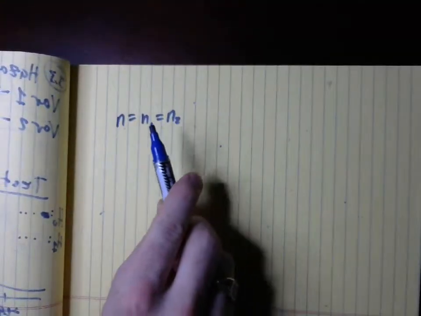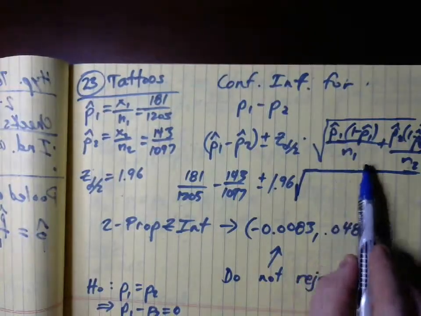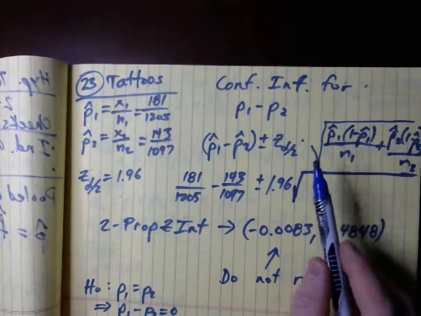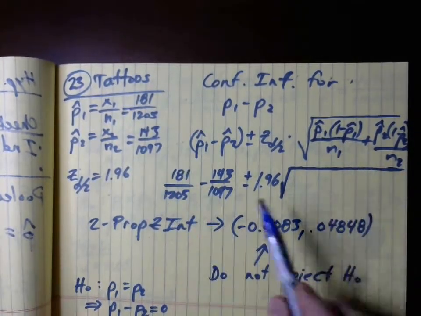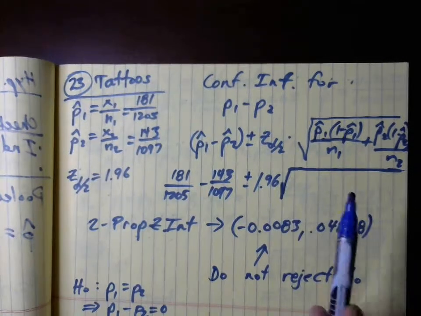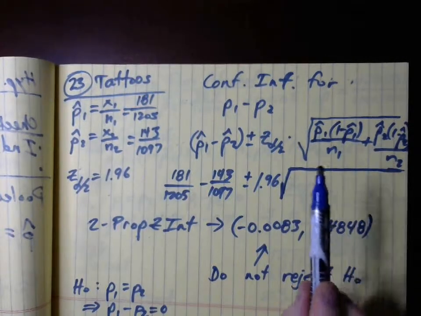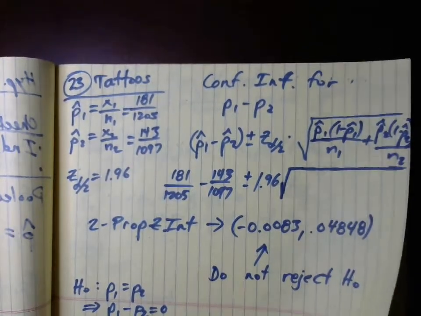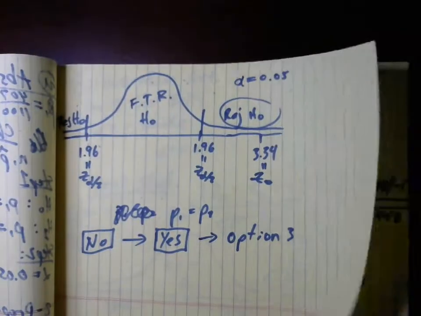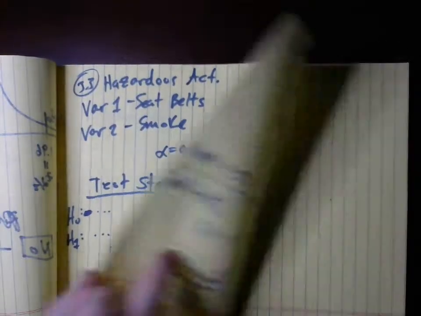Because we're assuming that N1 equals N2, so those two are equal, so they have the same denominator, and we would be able to simplify this with algebra and solve for N, okay?